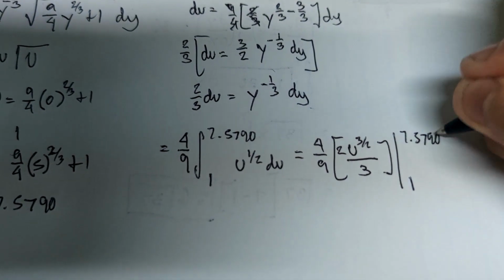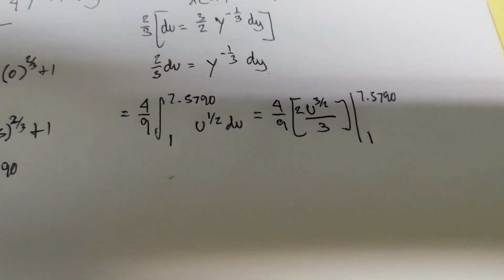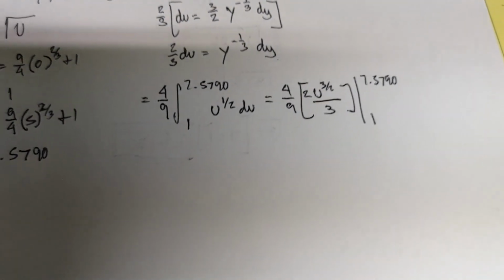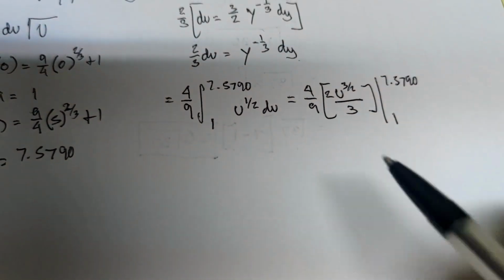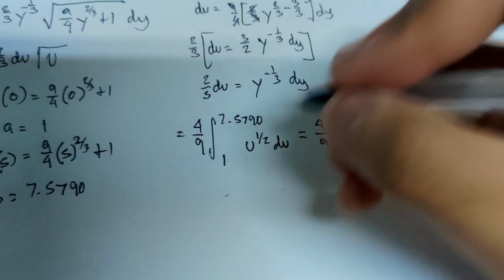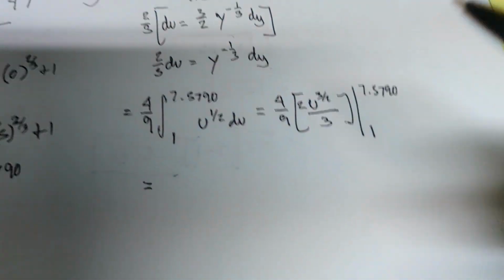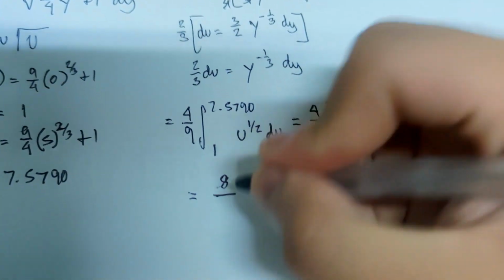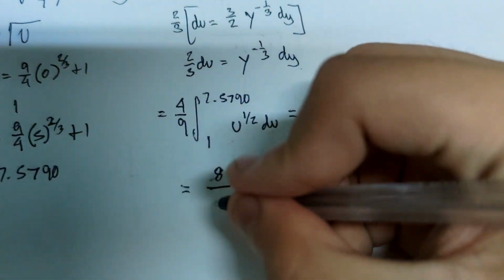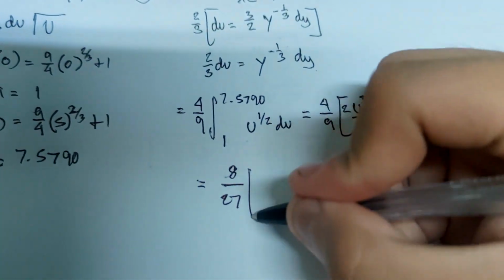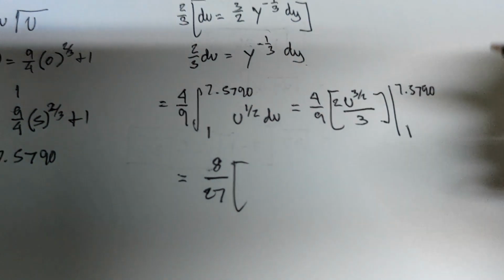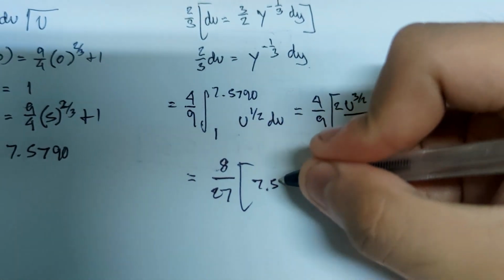Don't forget that. Now we can evaluate this. By substituting our limits, 4 times 2 will become 8, 9 times 3 will become 27, and then our u will become 7.579.